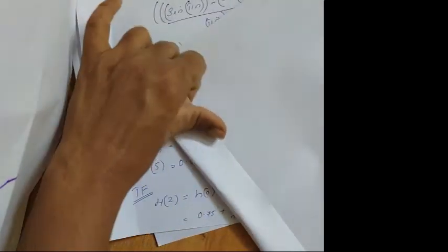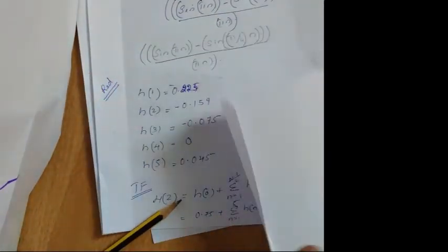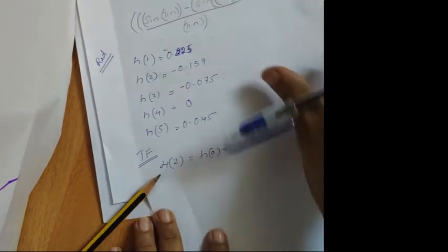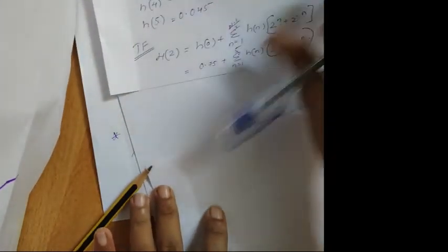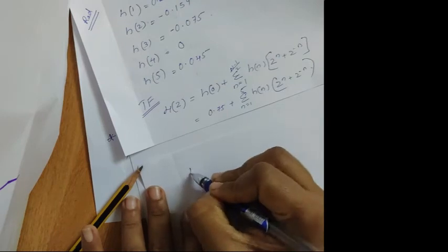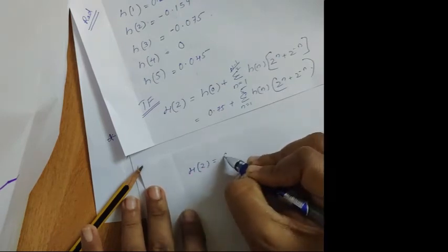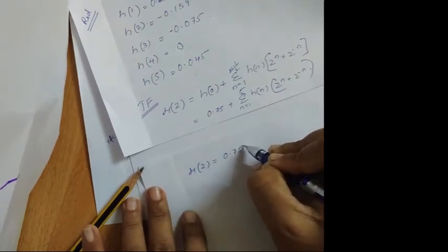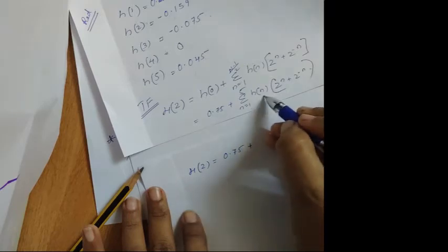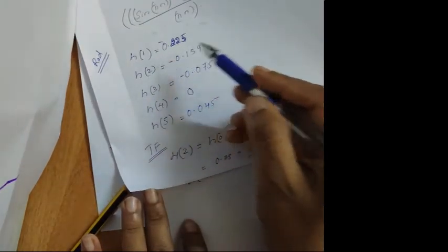Okay. Now you have the values of h of 1 to h of 5, and h of z is given as h of z is equal to 0.75 plus, you're substituting 1 over here. So the value of h of 1 is minus 0.225.